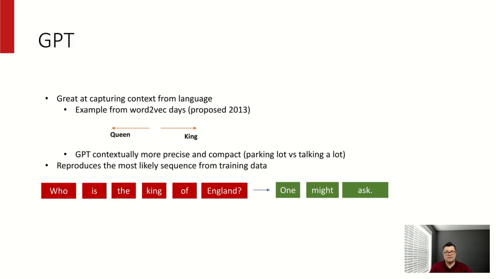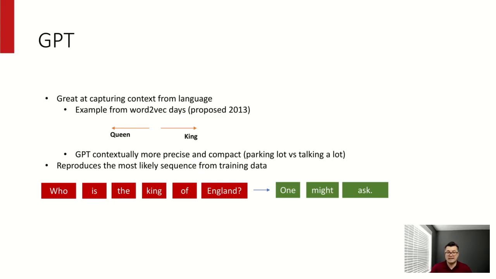What does that mean for the knowledge that it's capturing? Well, what it means is that it does really well in capturing the context in which words are being used. So this whole idea of looking at a sentence and trying to represent words numerically in some fashion is not new. There have been models that try to do this. Like there was a model that was introduced in 2013 called Word2Vec.